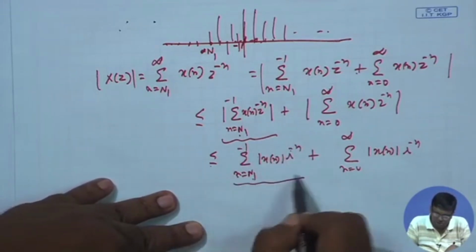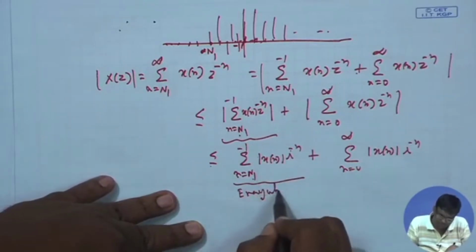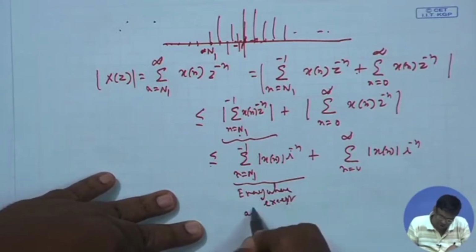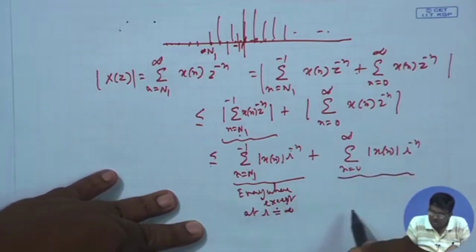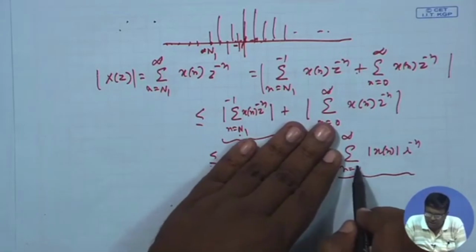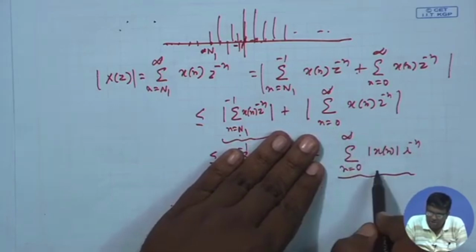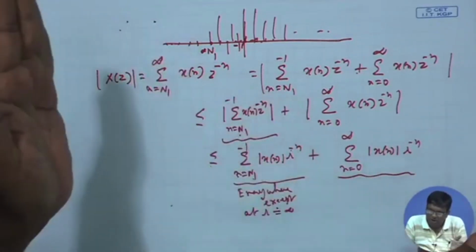So, this is converging everywhere except at r infinity, and this summation is for a sequence that starts at n equal to 0 up to infinity. So, it is a purely right sided sequence, and its convergence will be outside a circle up to infinity.